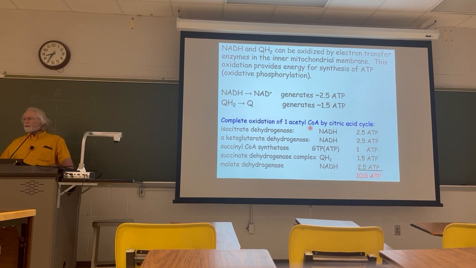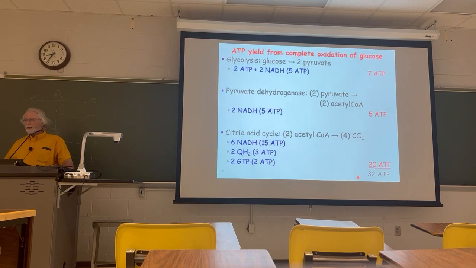So from 1 molecule of acetyl coenzyme A, we can gain enough energy to synthesize about 10 molecules of ATP. So we're really getting the energy out of that acetyl-CoA acetyl group by oxidizing it completely to carbon dioxide. So let's think about it if we start from glucose instead of from acetyl coenzyme A.